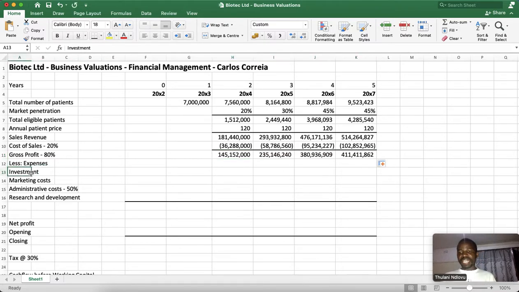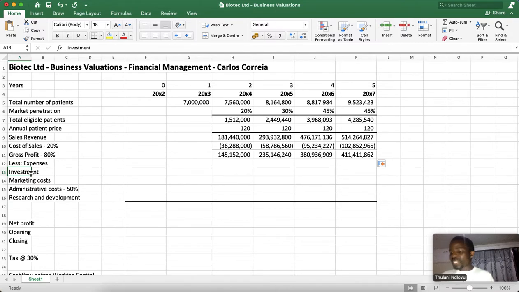Then we say less expenses. Here we were told that the company is required to spend 125 million at the beginning of 20x3 on advanced manufacturing and diagnostic equipment. The equipment is also required to fast track the approval process.